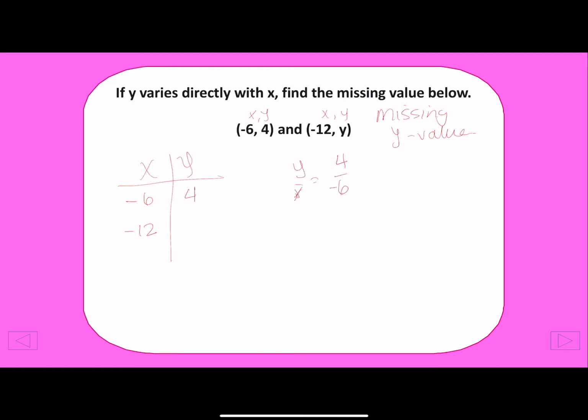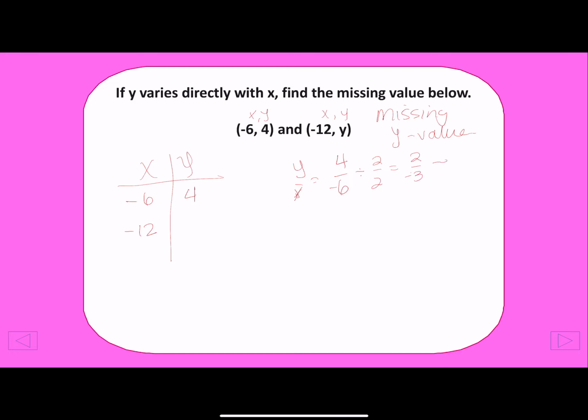So we're going to find first our y over x of our first known point, which would be 4 over -6. 4 divided by -6 is going to give us a decimal, so we're going to simplify it. Okay, you can simplify also, or you can use the decimal, it's up to you.